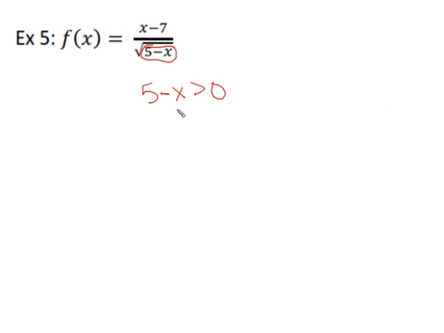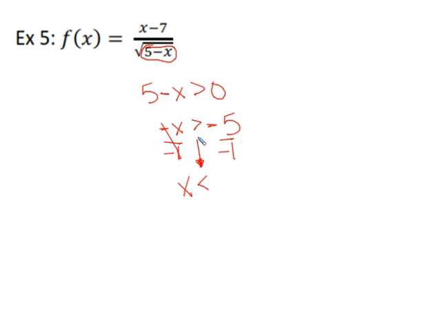So if we start to solve for our domain, we want to get x all by itself. We can subtract 5 on both sides, and then dividing by -1 would give us x is now greater than, okay, we've got to remember our rules about inequalities. When you multiply or divide by a negative number, you have to switch that sign.